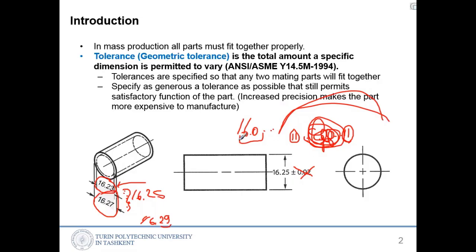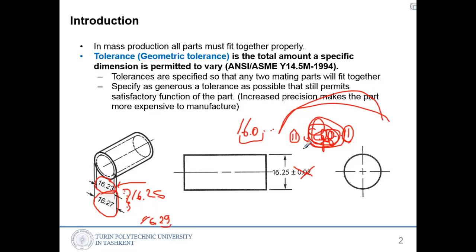Otherwise you cannot produce. Otherwise your production price will rise and your product will be very expensive, so no one can afford it. In order to reduce the price of the product, we make tolerances.